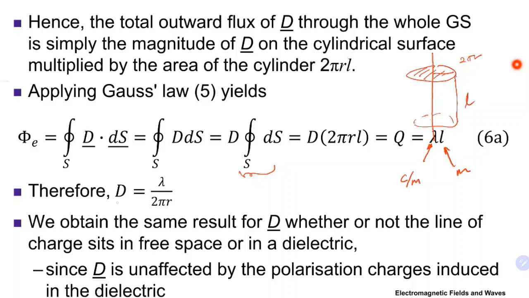Therefore we work out that the electric flux density of a line of charge is equal to lambda over 2 pi r.